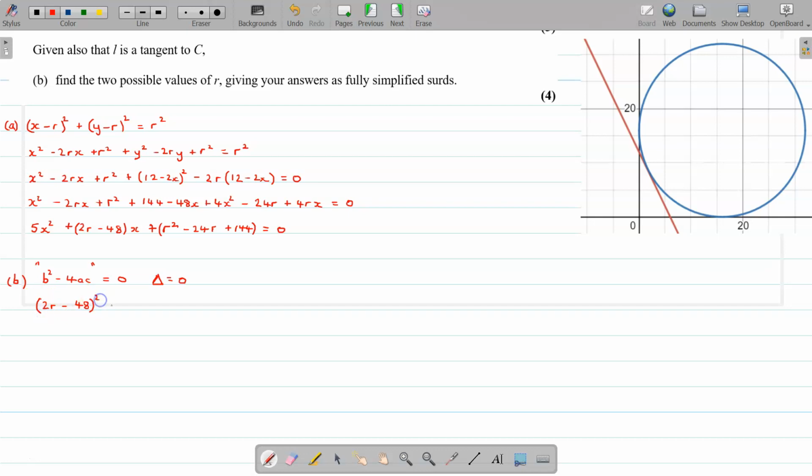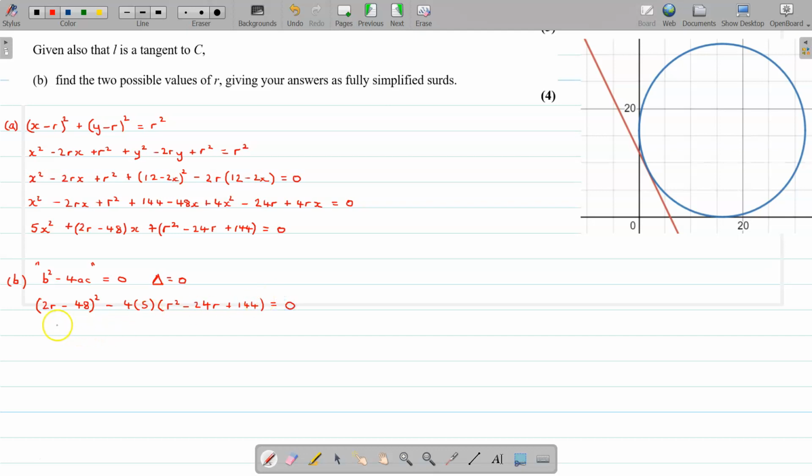Okay, that's my b squared, and minus my 4 times my a, which is 5, that's the x squared coefficient, times the c, the constant, which of course in this case is r squared minus 24r plus 144. It's all that bracket there. And that has to equal 0.